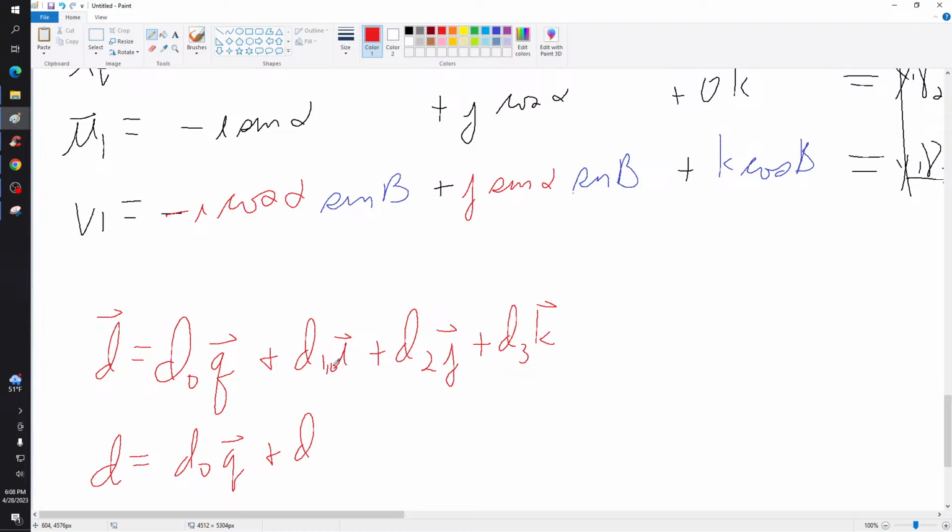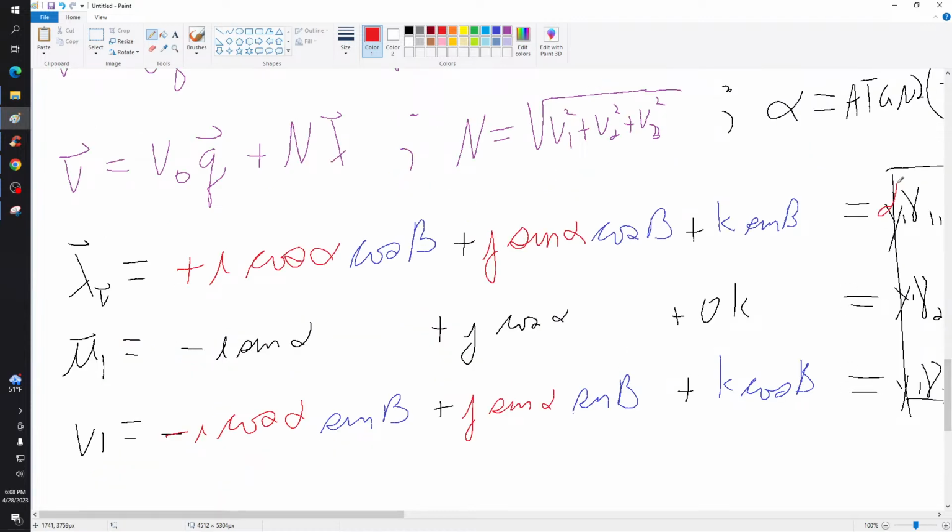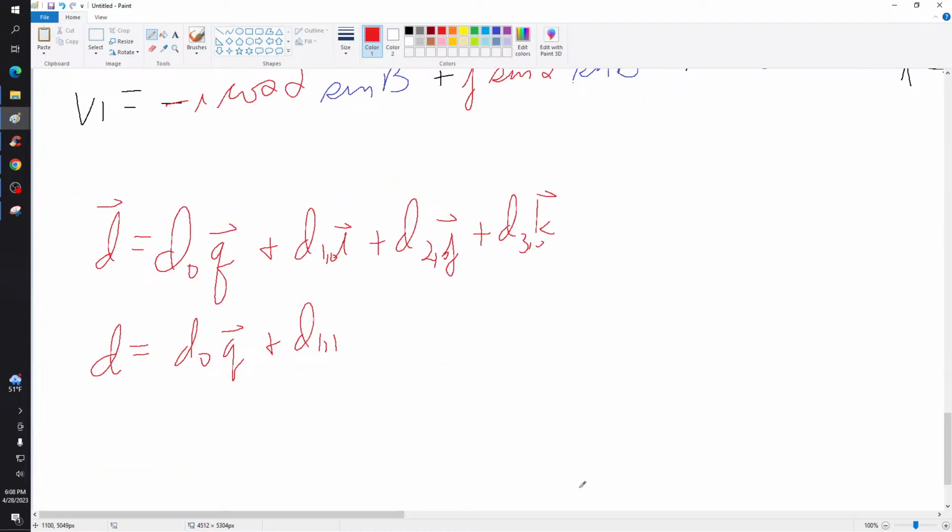We'll say this was d null, and d1,1 is actually what we're solving for. So this is d1,1 lambda plus d2,1 mu1 plus d3,1 nu1.